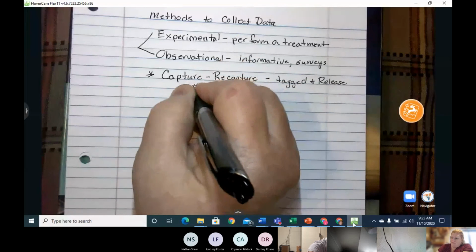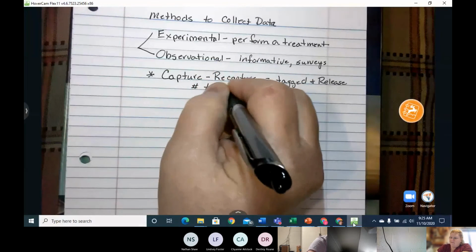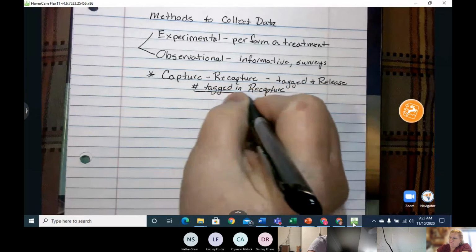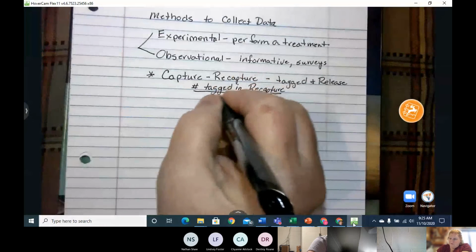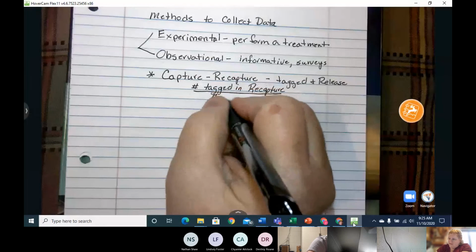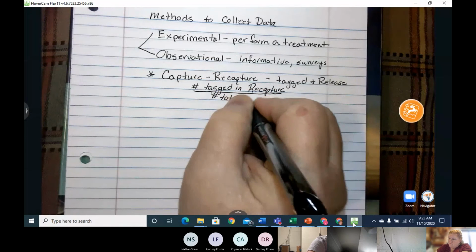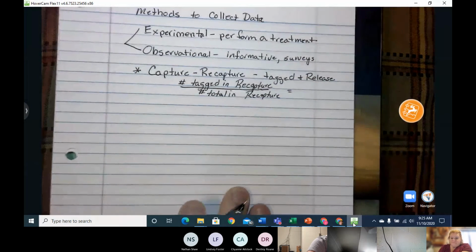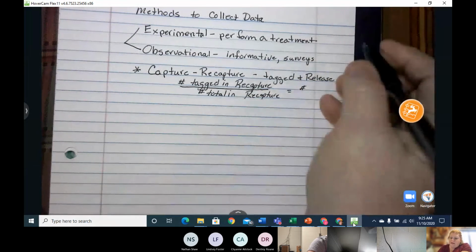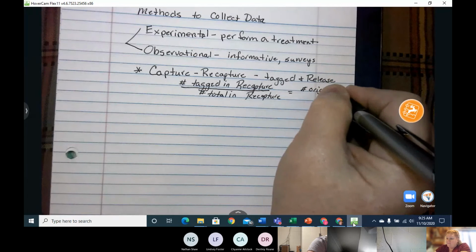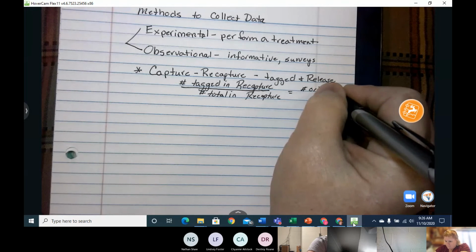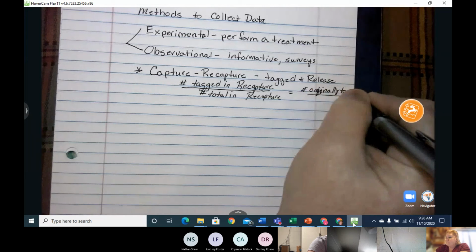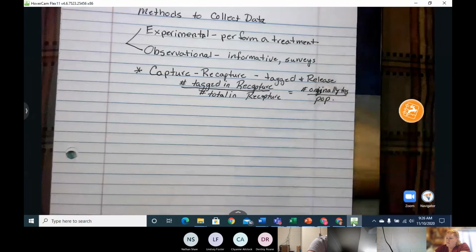You're going to take the number that are tagged in recapture over the total number in recapture, and you set that equal to the number originally tagged, and it's going to give us our population.